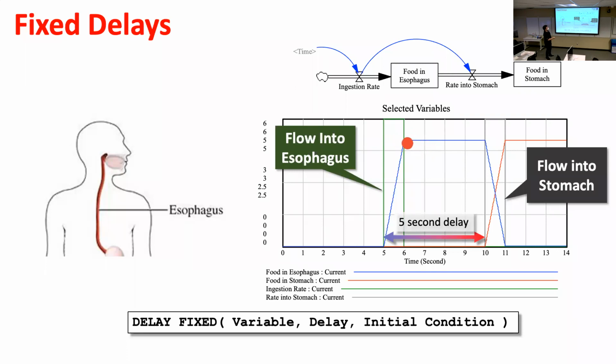So from 6 until 10, you just have the esophagus is full of that block of food, and that represents it going down the esophagus. And then finally at time 10, we hit the outflow process, which is just a 5-second delay of the inflow process. So now, when that's turned on, that's going to pull things out of the esophagus and, at the same rate, increase things into the stomach.